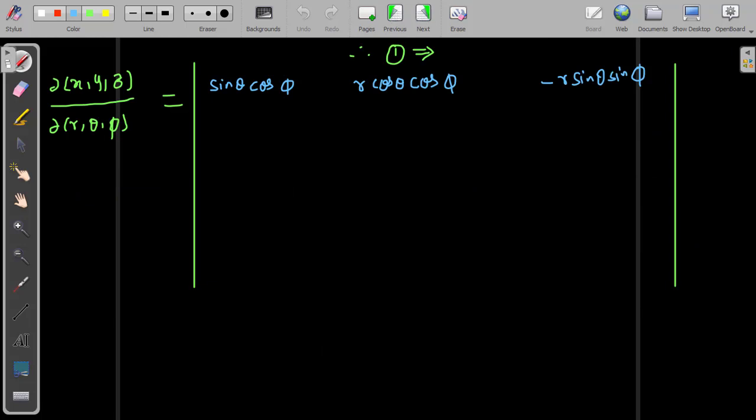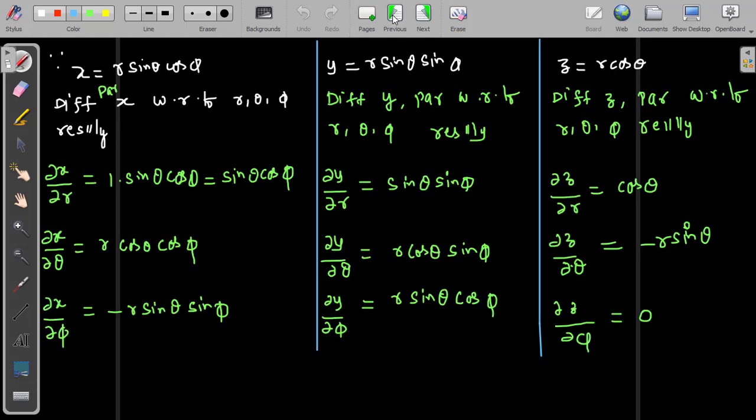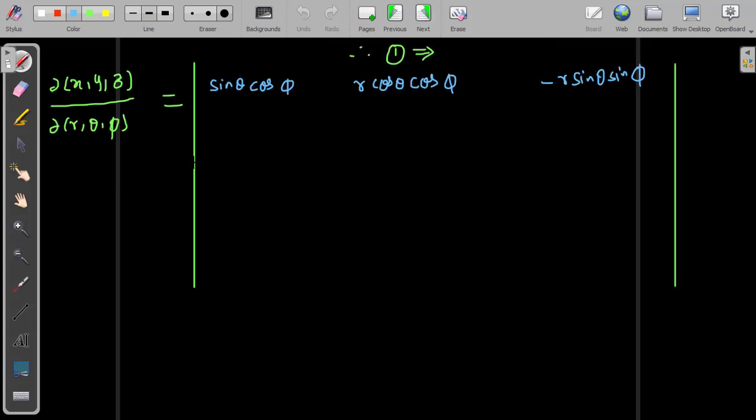Fine. Similarly, now the second row: sin theta sin phi is the first element. The second element will be r times cosine theta multiplied by sin phi. The third element is r sin theta times cosine of angle phi.